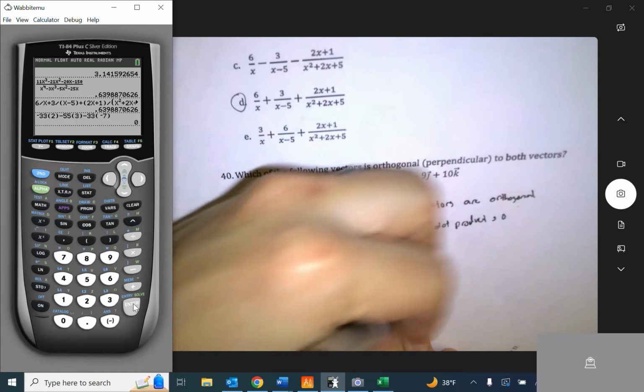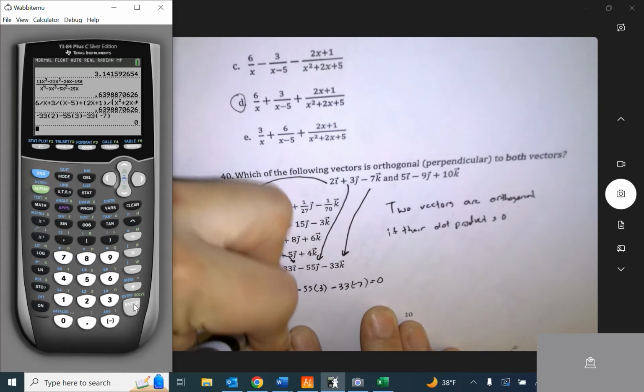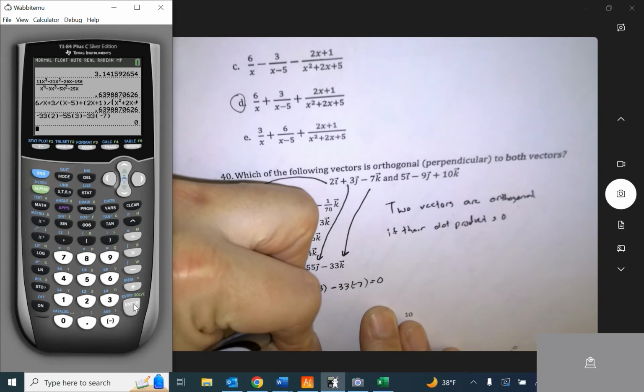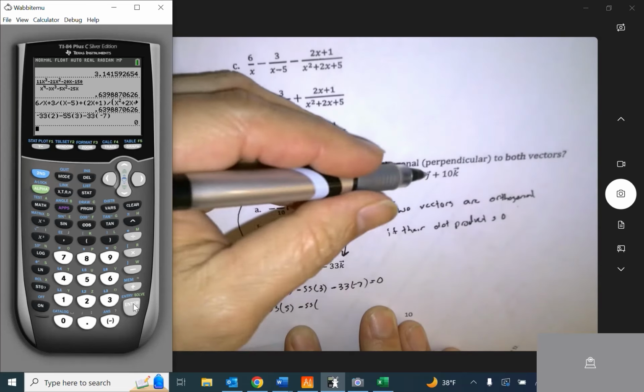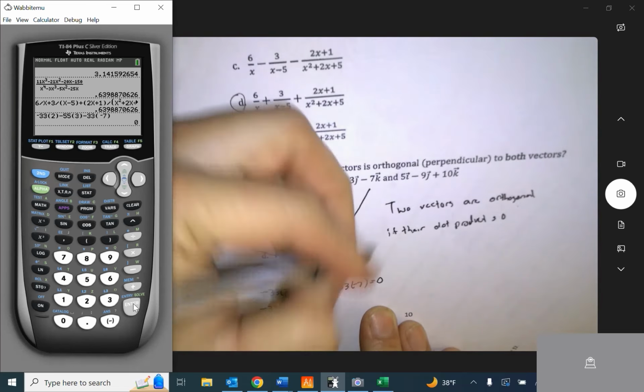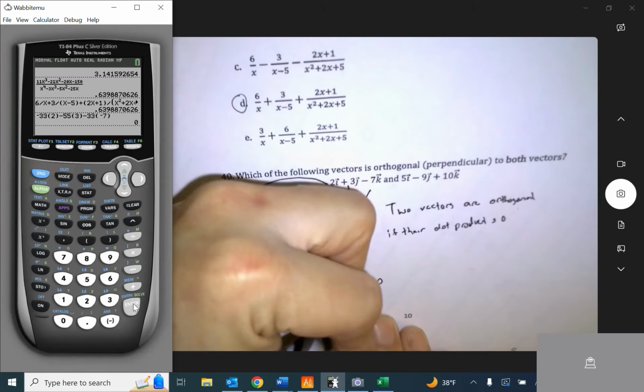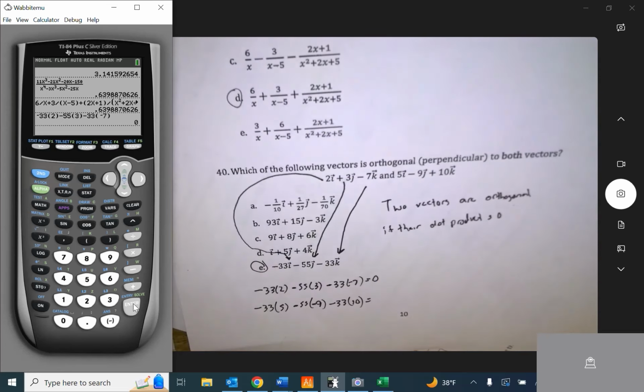Do the same thing. Negative 33. I is 5. Minus 55. J is negative 9. Minus 33. K is 10. See what that equals. Hopefully it's 0. We are about to do vectors, if you guys ever finish your trig section.